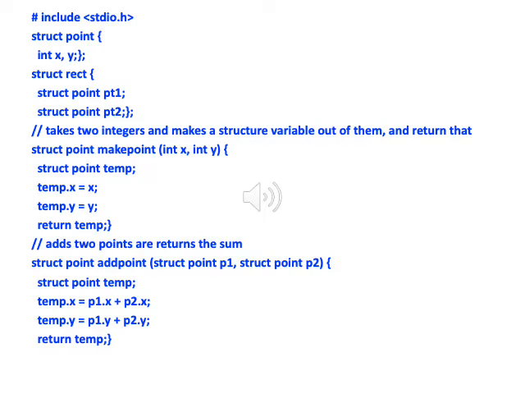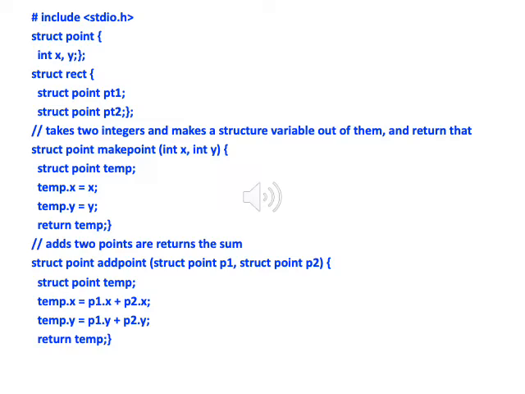So what is happening inside the function now? We declare a temp variable, which again is a structure variable of type point. So we use struct point and then temp. And now, because temp is essentially a point, it will have both an x and y component, so we need to assign values to both of these.